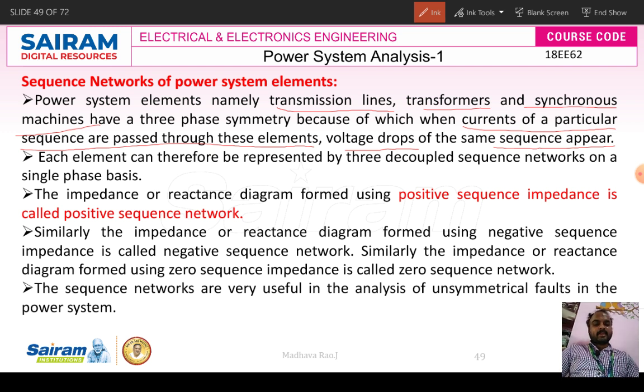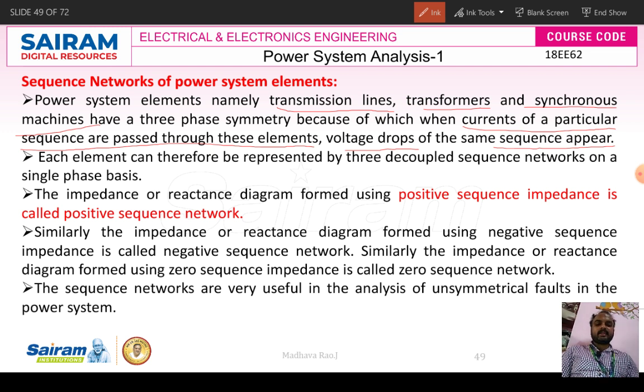Similarly, the impedance or reactance diagram formed using negative sequence impedance is called the negative sequence network. And the impedance or reactance diagram formed using zero sequence impedance is called the zero sequence network.